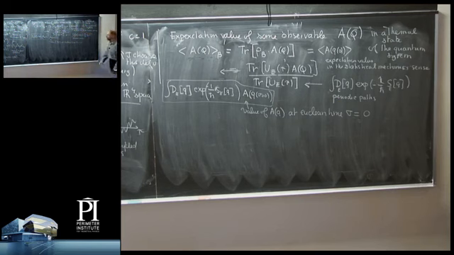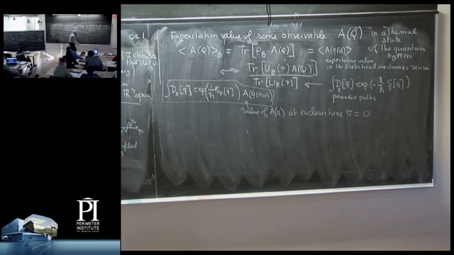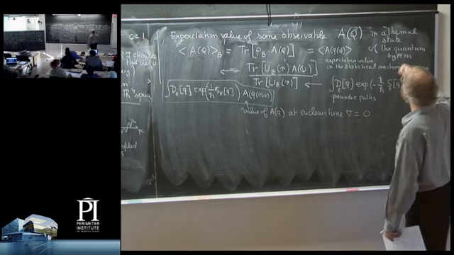Okay. And therefore, in quantum physics, and especially in high energy physics, one is interested, in fact, usually not in the expectation value of observables over a thermal state of the system, but in the expectation value of observables in the vacuum state of the system.